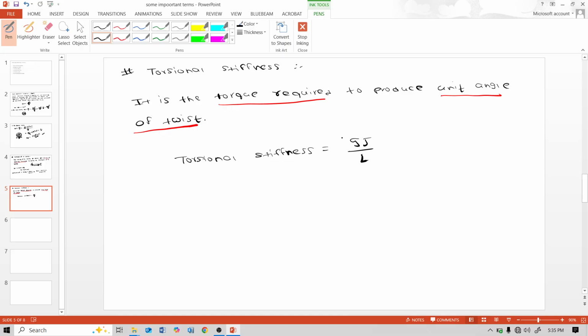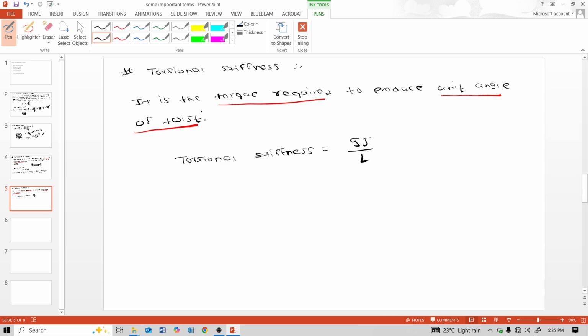This G is shear modulus or modulus of rigidity, and this J is polar moment of inertia, and L is length of a shaft.